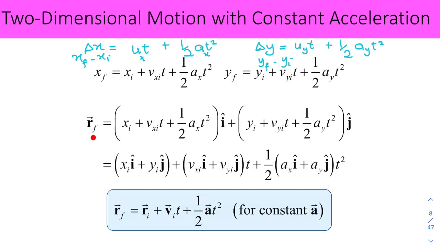And recall that r, or x just now, is the r. Because r itself is x and y. Or you can simply put it as xi plus yj. This is the thing.